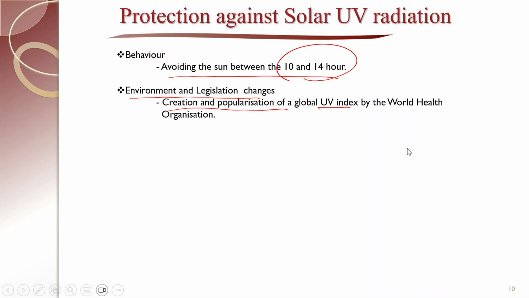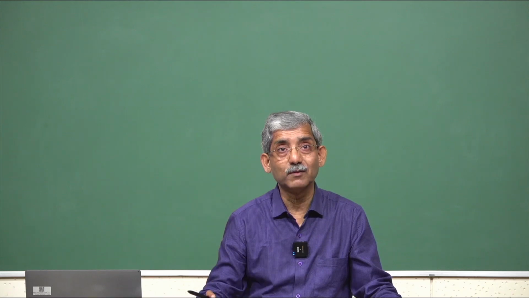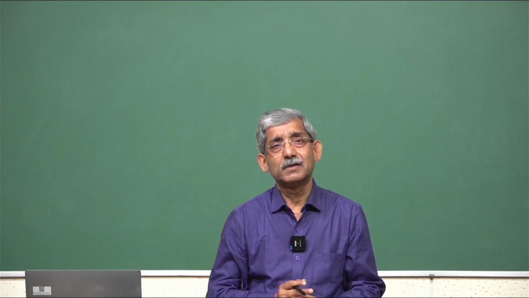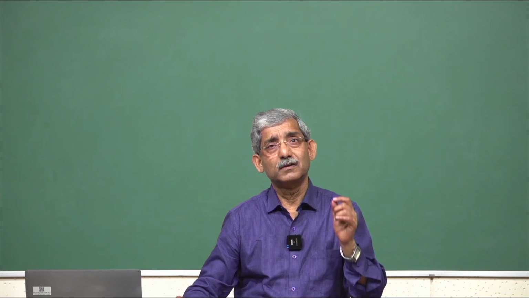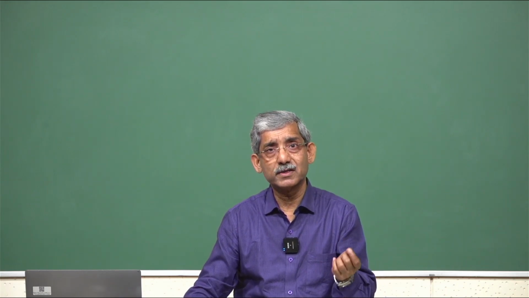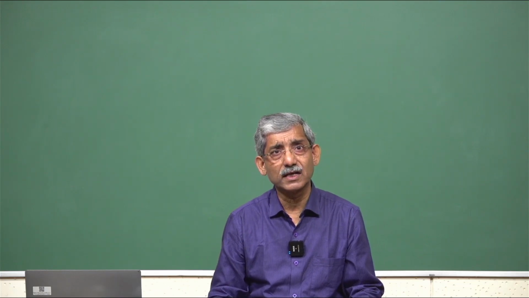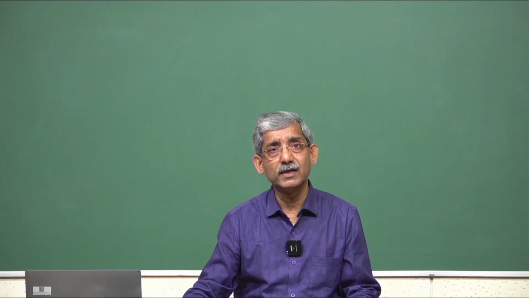So, people must know, suppose when we move from one place to another place, we try to see the weather condition, what will be the temperature, whether there is any chance of rain and all other parameters, what is the pollution level, accordingly we get ready. Similarly, the UV index should be popularized, and WHO can do these things, or many other organizations can popularize this global UV index.